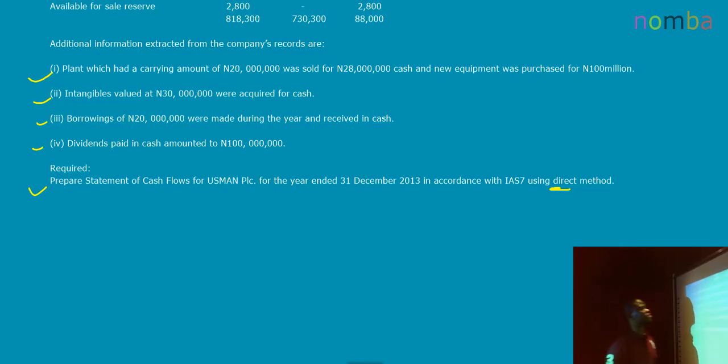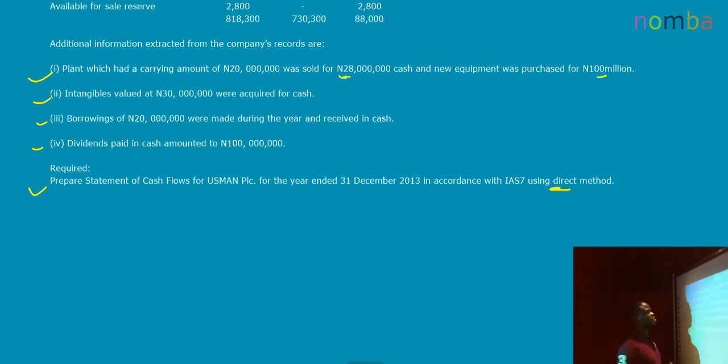What that is telling you is this: part of the plant was disposed of for 28 million, and new equipment was purchased for 100 million. Those will have impact on your statement of cash flows, and that will be this 28 million and 100 million.